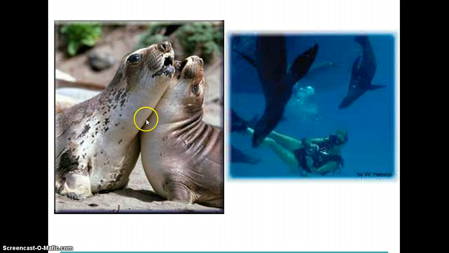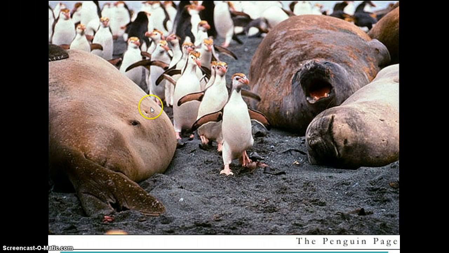They're better for swimming than walking on land, but they have to do both, so it could be that selection could cause them to be even better for swimming, but again, they have to be able to use them for walking on land, so it's sort of a trade-off there. And I don't know about the penguins here. They use their wings, again, for swimming as opposed to flying, so selection has made them much more streamlined and smaller.